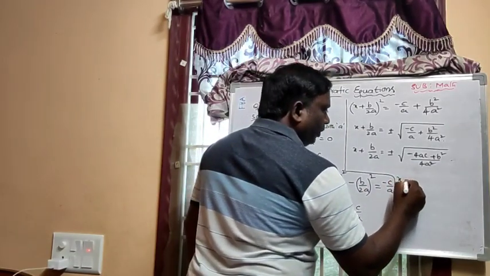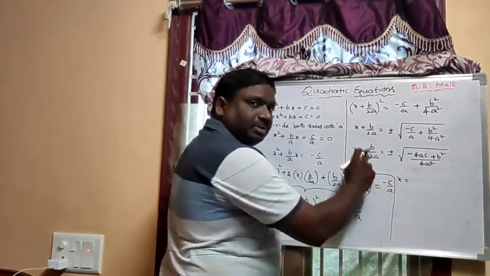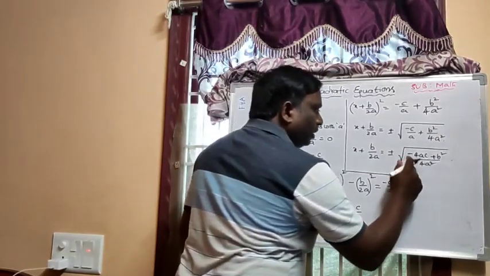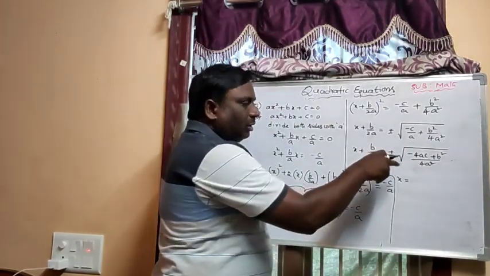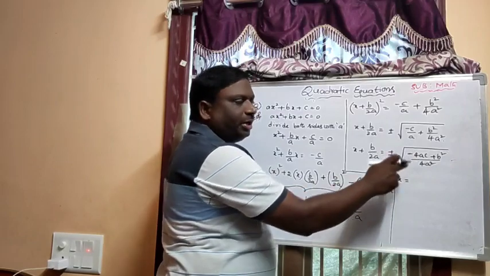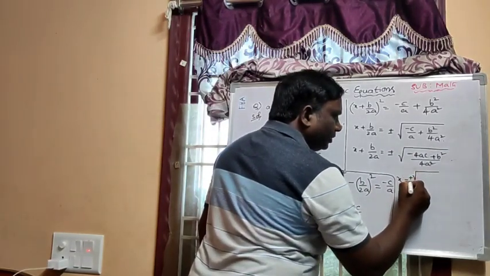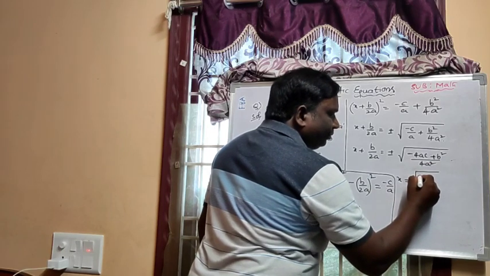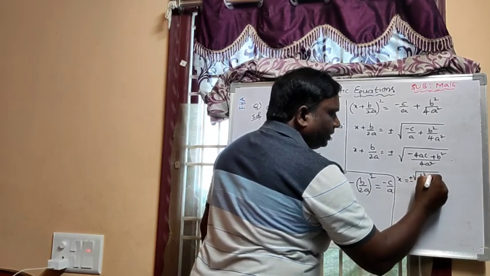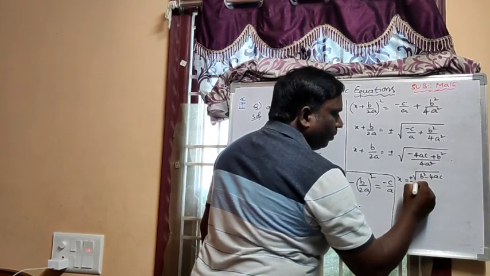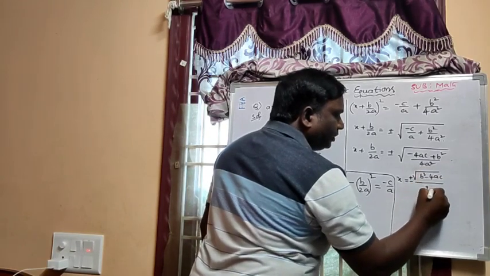x equal to, I'm taking this plus b by 2a on the other side. Then here if you separate the root for both the numerator and denominator, this will become plus or minus square root of b square minus 4ac by square root of 4a square, which is 2a.